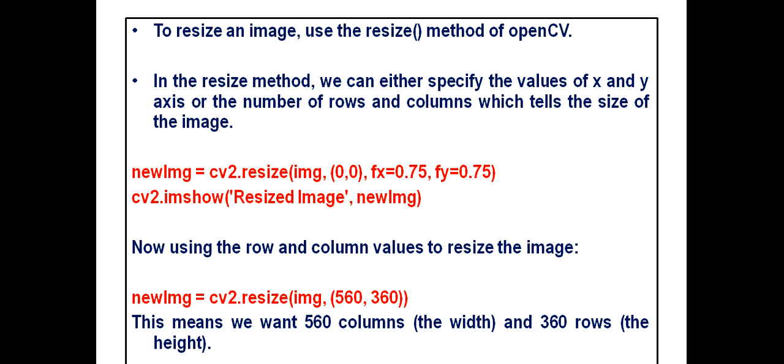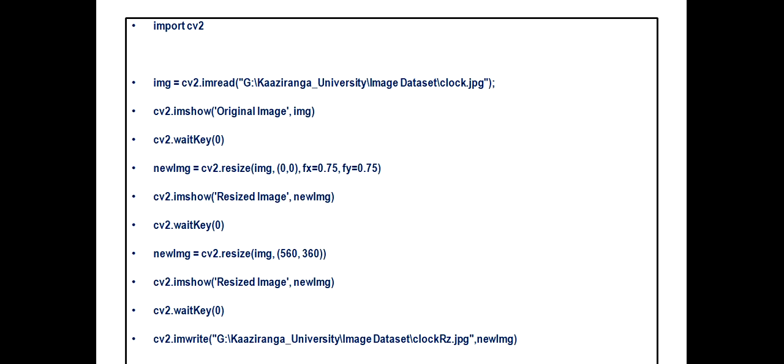So as a whole, the code will be like this. Import cv2, then image equals cv2.imread with the path where the image belongs. Then the cv2.imshow function to display the original image with cv2.waitKey(0). Then the new image is cv2.resize(image, (0, 0), fx=0.75, fy=0.75) for specifying the x and y axis values to resize the image.